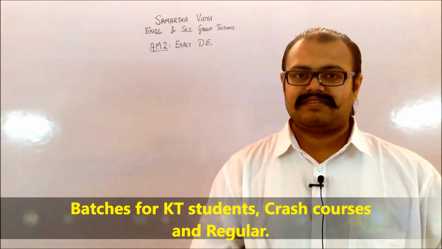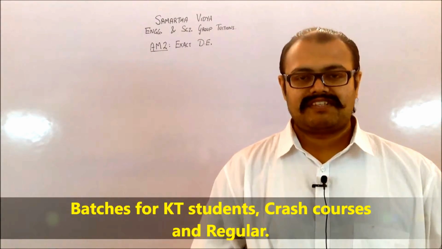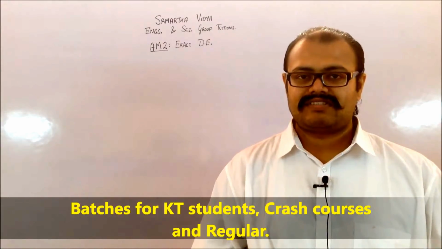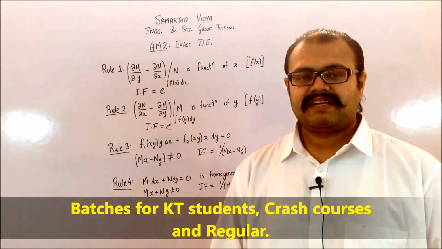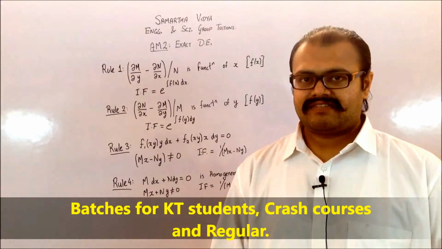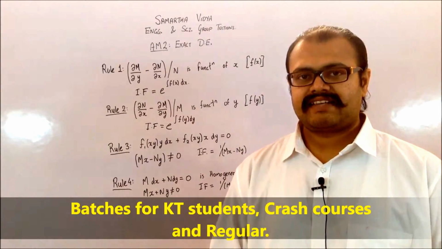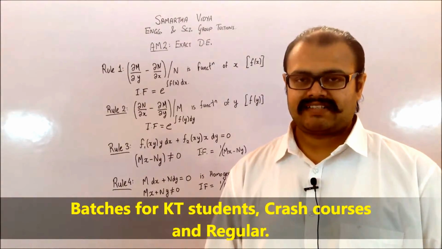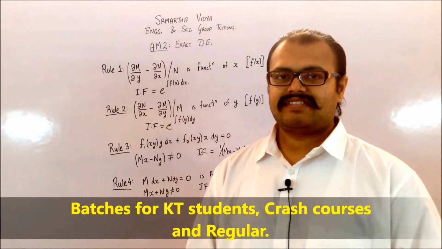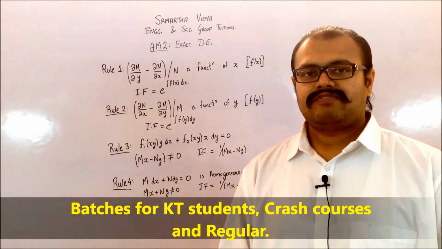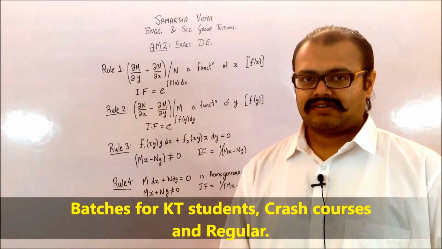So let us see what are the various rules which are applicable for reducing a differential equation into an exact differential equation. There are basically 4 different rules for this topic, by which we can reduce a non-exact differential equation into an exact differential equation. First of all, you have to prove whether it is exact or non-exact.